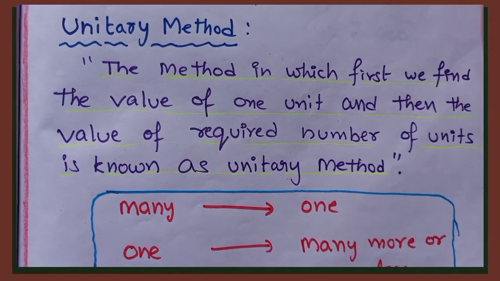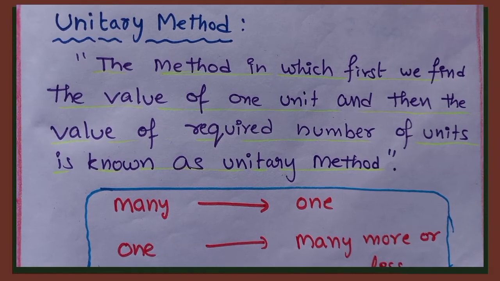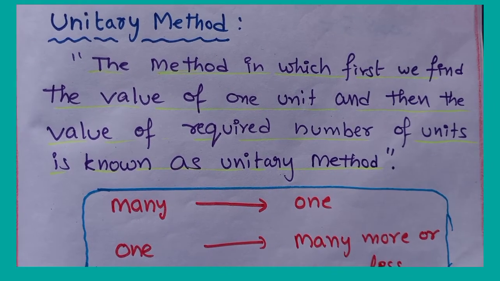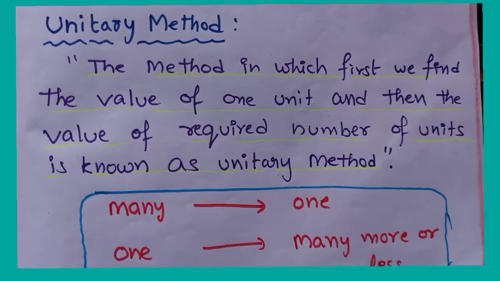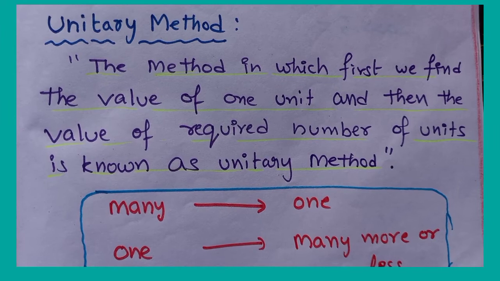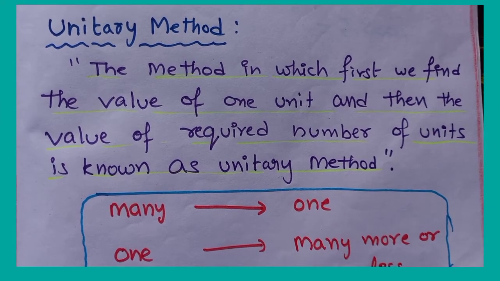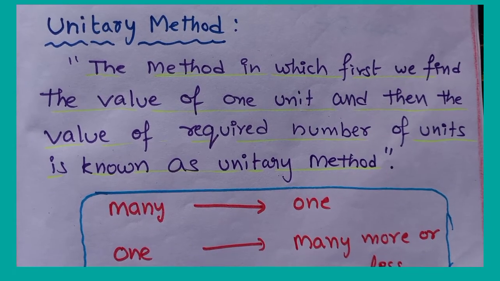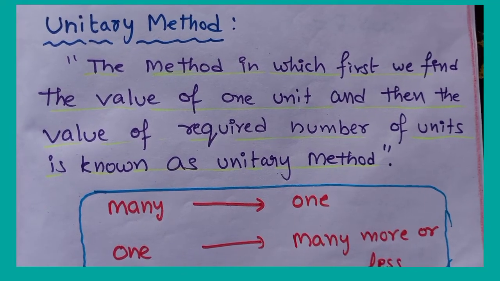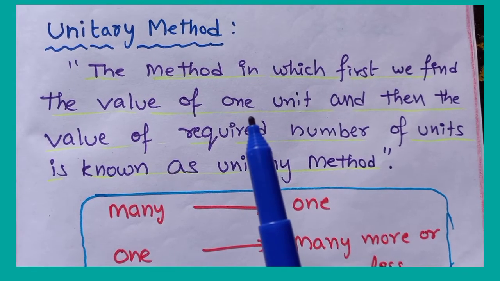To overcome these situations or problems in our daily life, we need to learn the unitary method. Unitary method: the method in which first we find the value of one unit and then the value of the required number of units is known as unitary method.